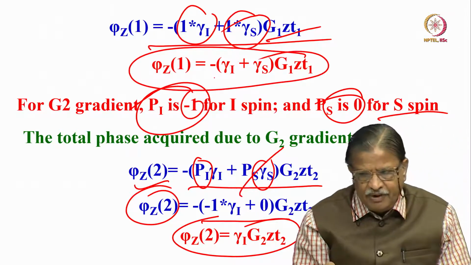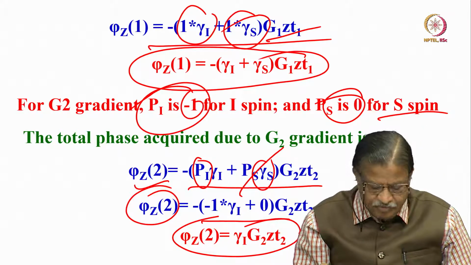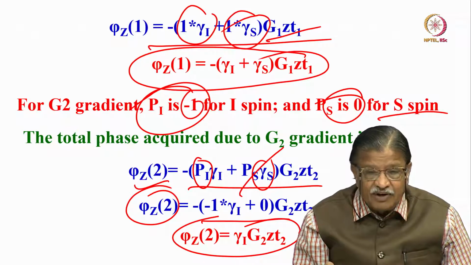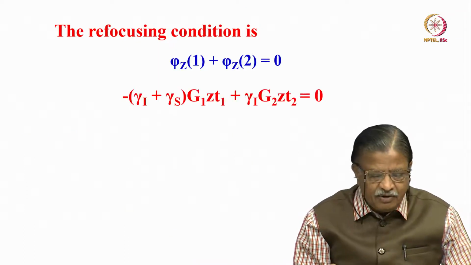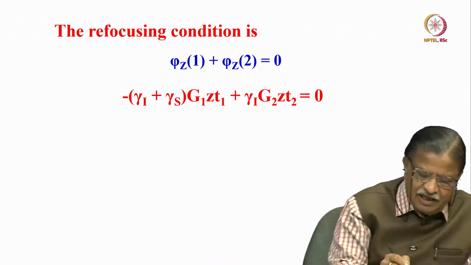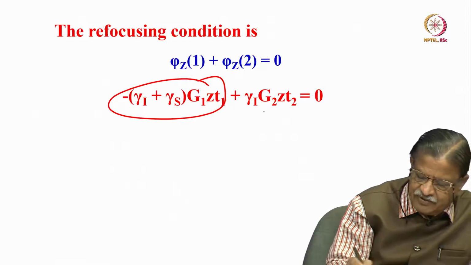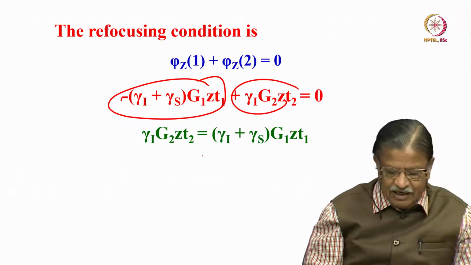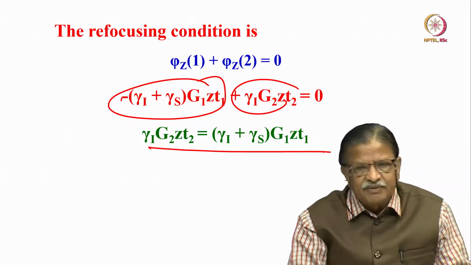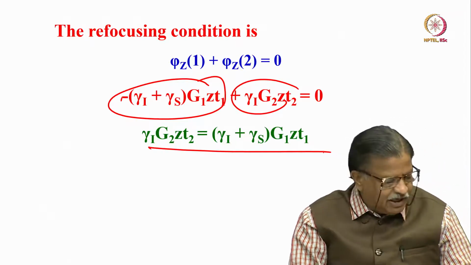We know that. So what you have to do now? For the refocusing condition, phi Z1 plus phi Z2 should be equal to 0. Now when we put that condition, this is phi Z1, this is phi Z2. Now the minus is there, take it to this side, then it turns out to be a very simple equation. Do the simple arithmetic now.